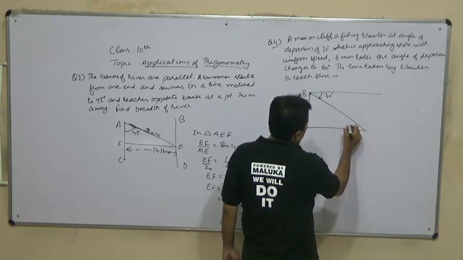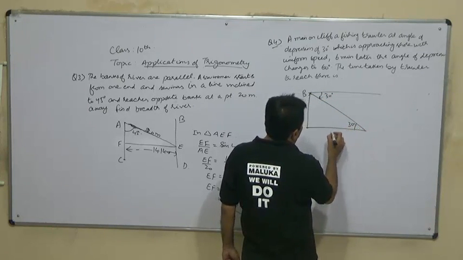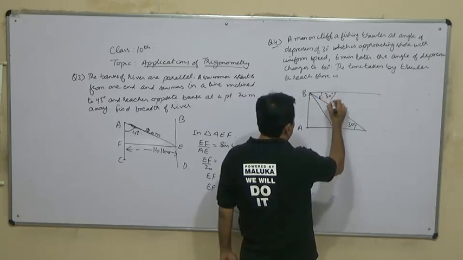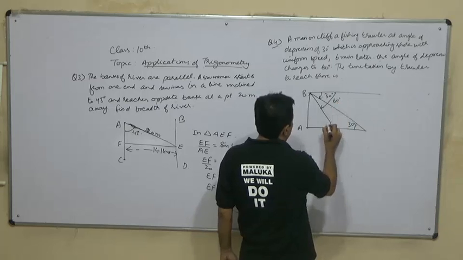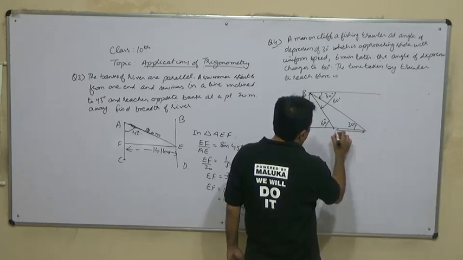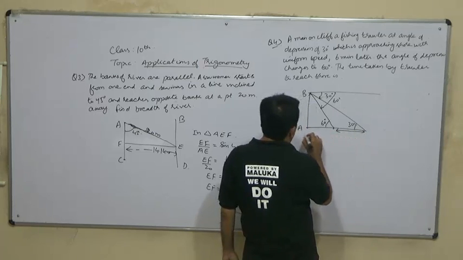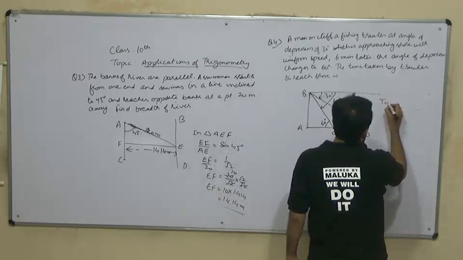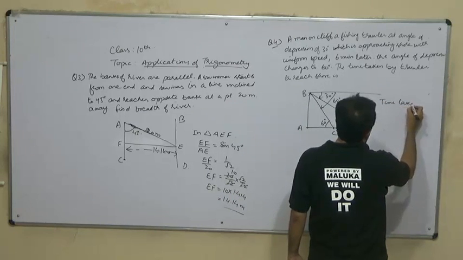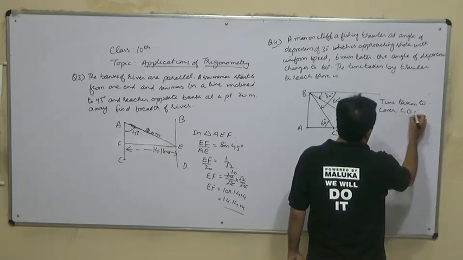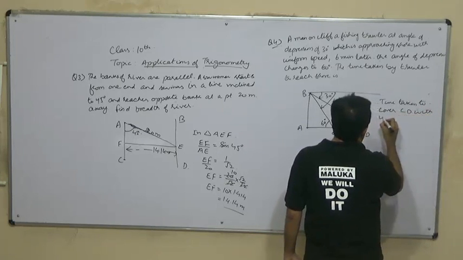Obviously this will also be 30 degree, and 6 minutes later this angle changes to 60 degree. This distance CD is covered in 6 minutes with uniform speed.